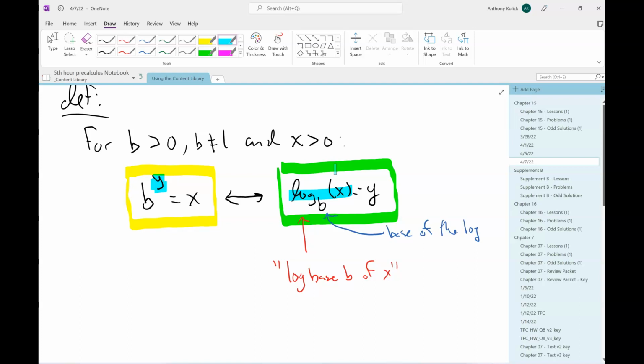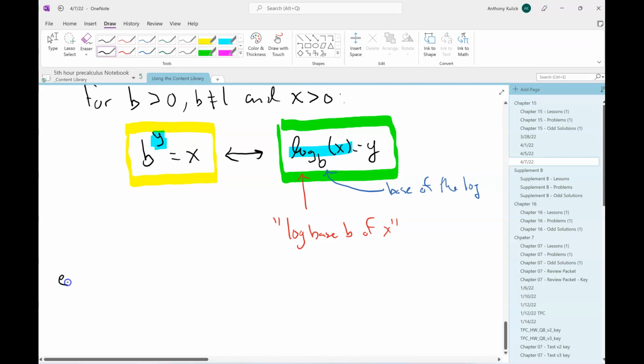Right? Does that kind of make sense to you guys? Let's just get a little bit of practice with this definition. Okay with that? So let's say we're asked to evaluate some logarithms.